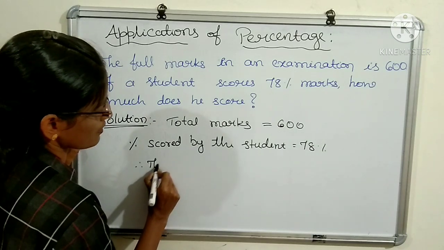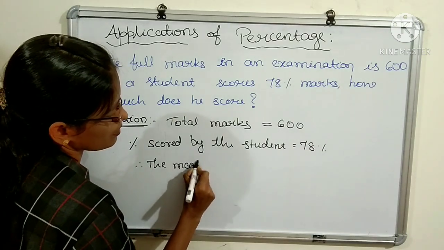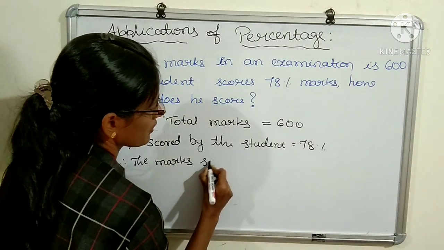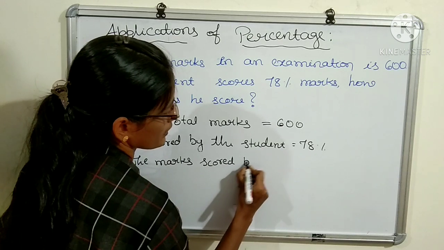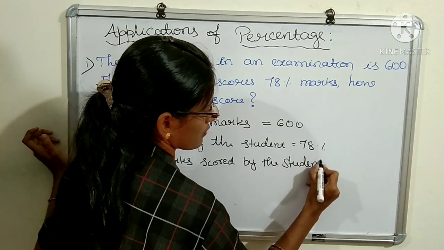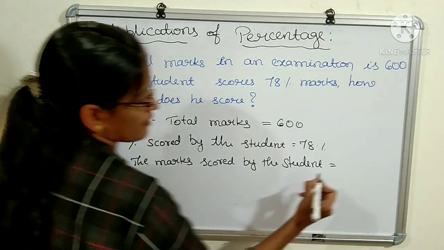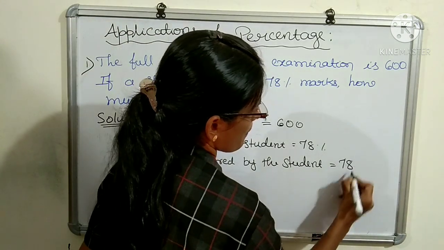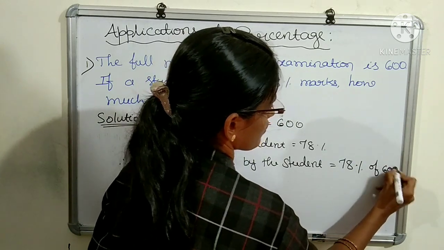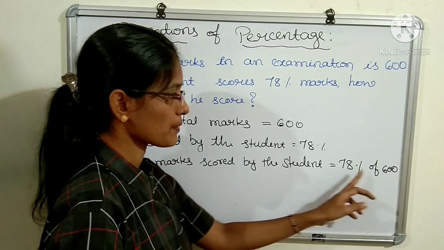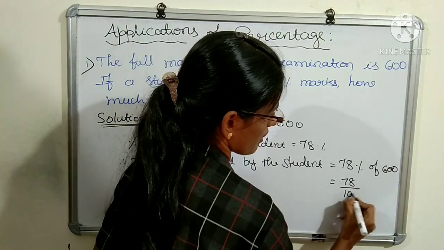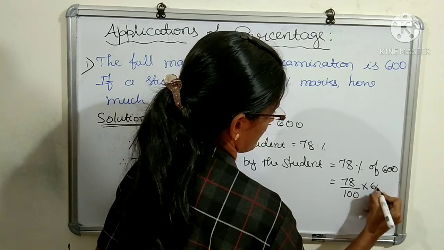Therefore, the marks scored by the student equals 78% of 600. You must write like this, students. 78% of 600. Here 78 divided by 100 into 600.